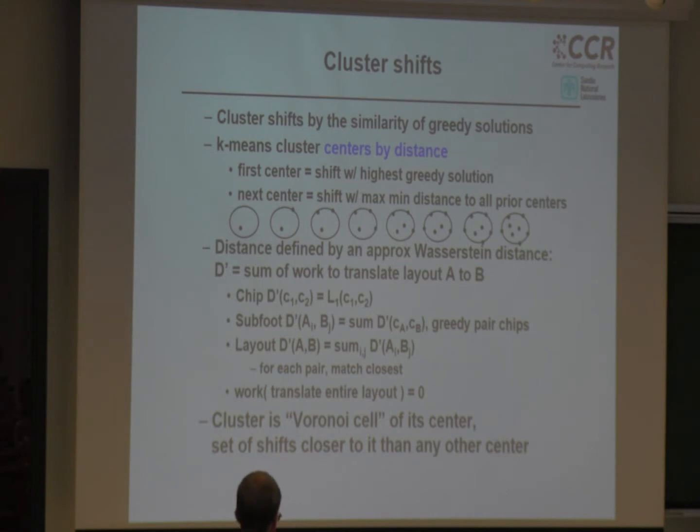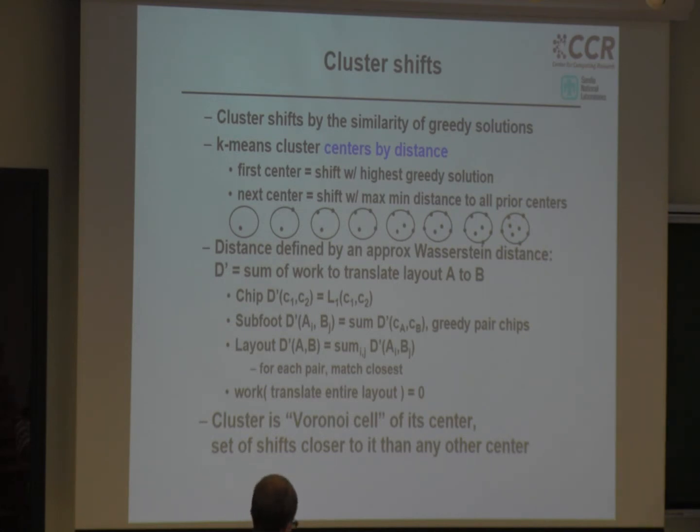And by similarity, I mean not just which chips are covered, but how they're covered. Are the rectangles nicely matched up, or in one layout you have a bunch of horizontal rectangles and the other one a bunch of vertical ones, and so you'd think that would be very dissimilar.